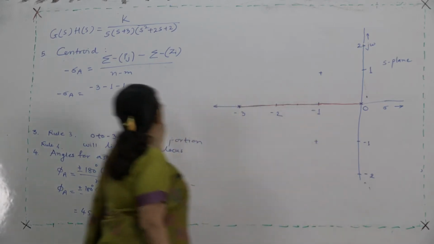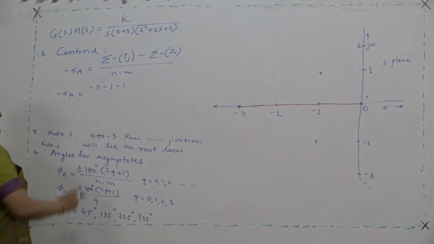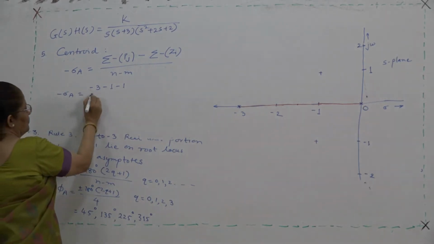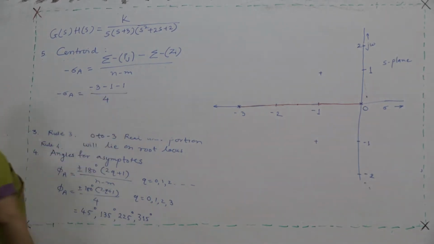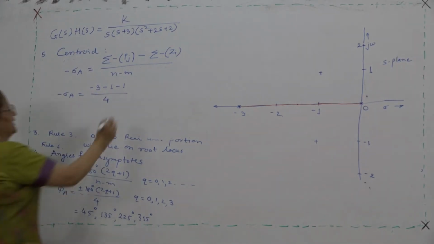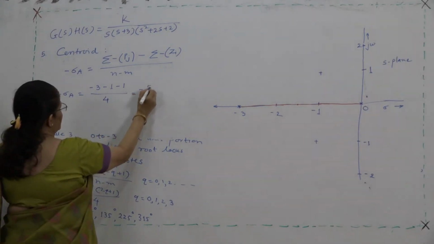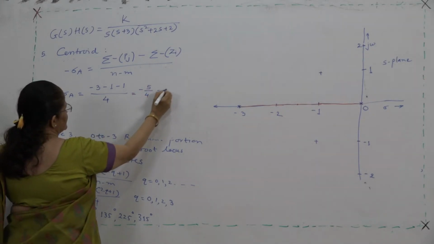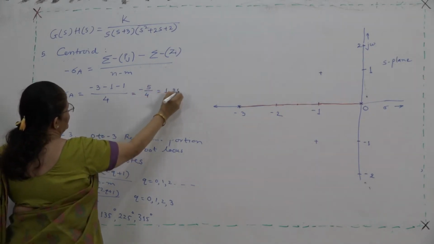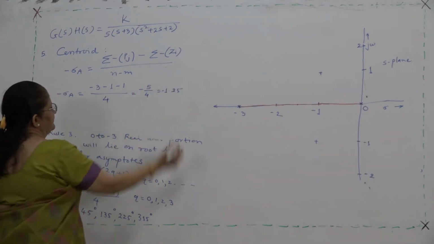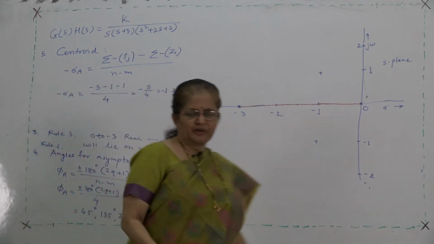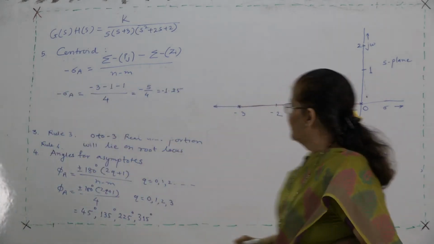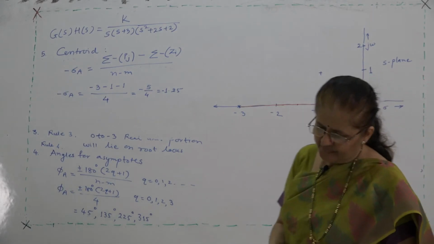So, 2 times minus 1 and minus 3 upon n minus m, which is 4. So, you will get minus 5 by 4, that is minus 1.25.